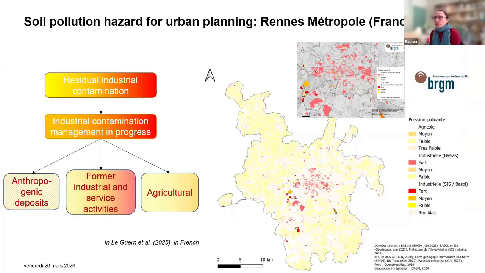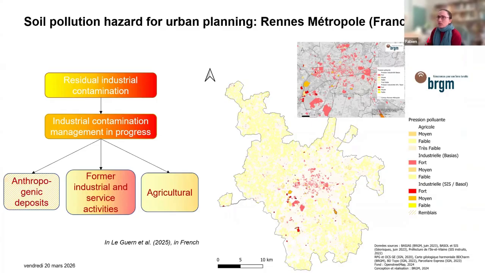Another example is the one carried out or developed for Rennes Metropole, another large city in the western part of France. And in this map shown to the right, it's about the same, but with some adaptation.